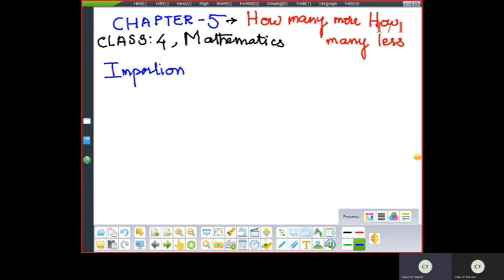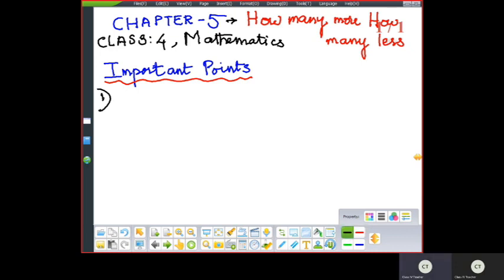More means, what is more, children? Addition. So more means addition and less means subtraction.